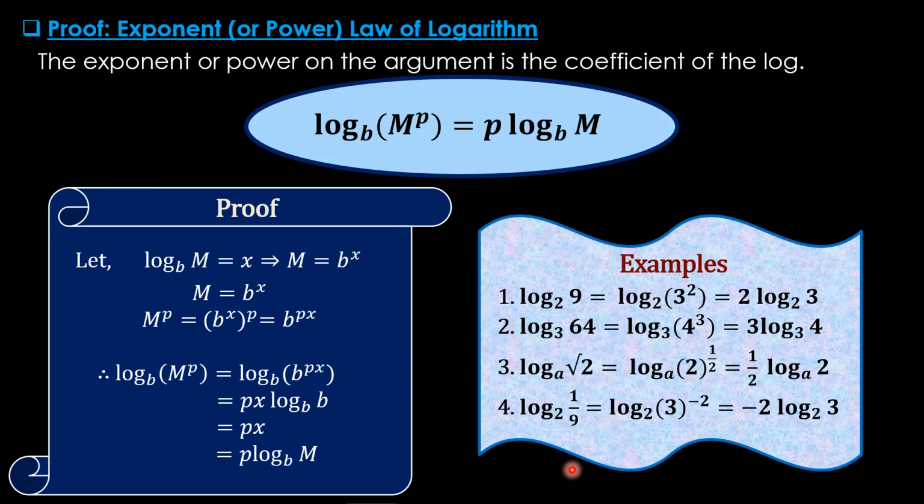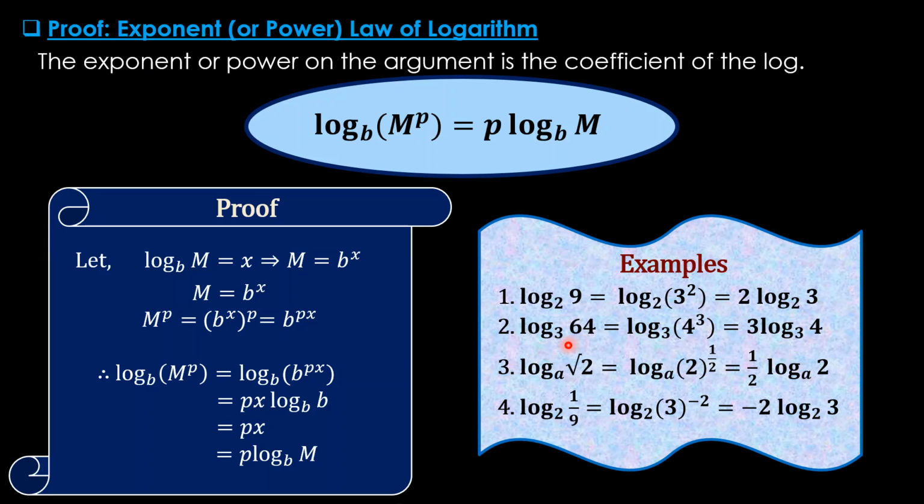Examples here: log 9 to the base 2. We can write 3 squared for 9. So this 2, the power, the exponent comes out as the coefficient like this. So from this 3 squared we take the 2 out, so 2 log 3 base 2.